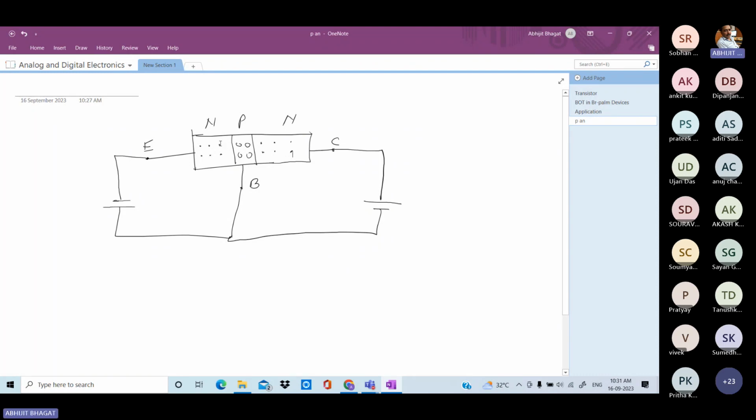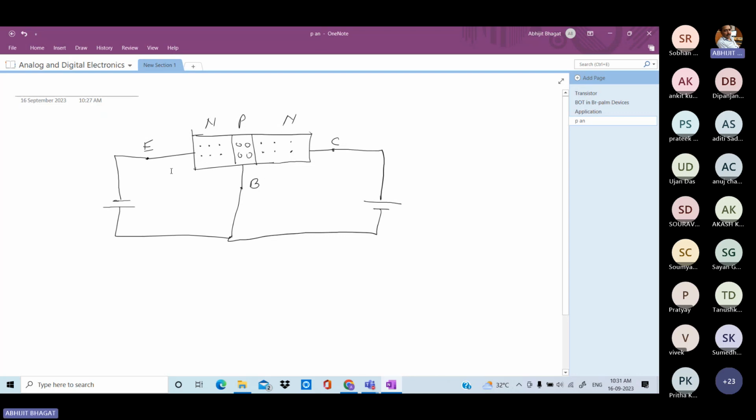Majority carrier means in case of N region, huge number of electrons are there, few number of holes. So electrons are the majority, holes are the minority. In case of P region, holes are large in number, electrons are less in number. So here holes are majority, electrons are minority. Same in case of N type, electrons are majority because they are in large number, and holes are minority because they are in low number.